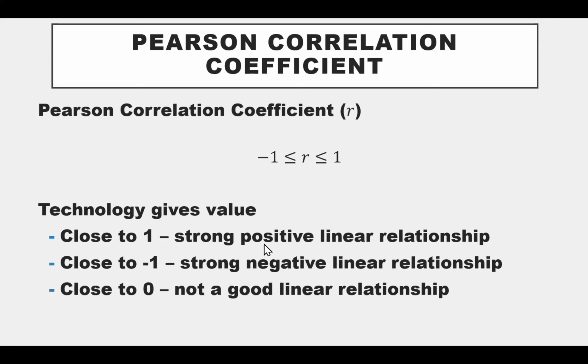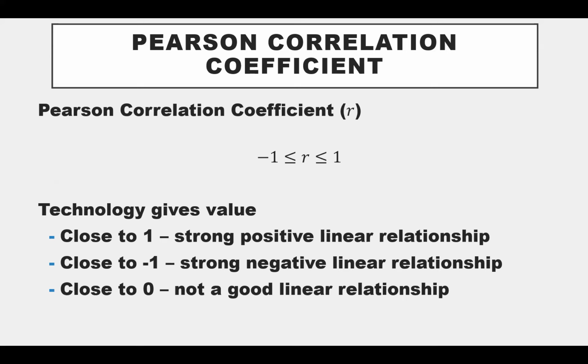By the way, when I say strong positive linear relationship, I'm saying the line fits the data well and the line has positive slope. Strong negative linear relationship, I'm saying the line fits well, but the line has negative slope.